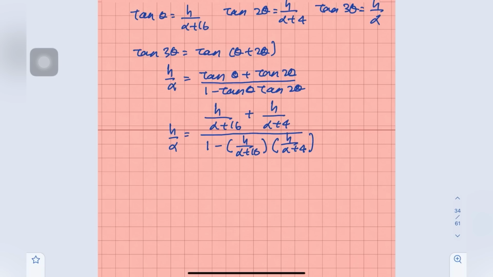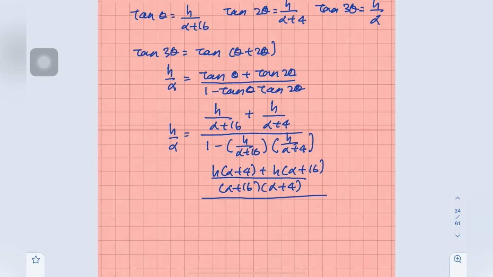Okay, so then this one we can equate the denominator. So this one becomes alpha plus 16, alpha plus 4, then H times alpha plus 4, H times alpha plus 16, divide by, we equate the denominator, so alpha plus 16, alpha plus 4 minus H squared, over alpha plus 16 alpha plus 4.